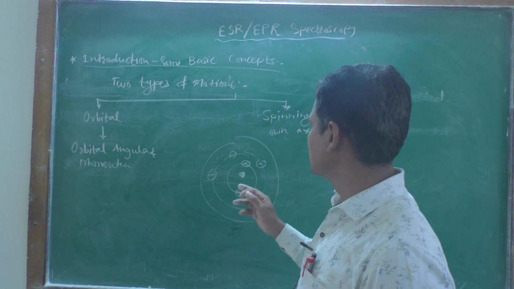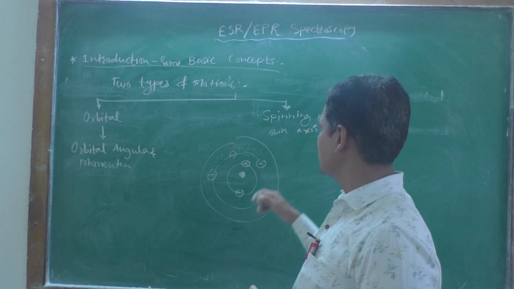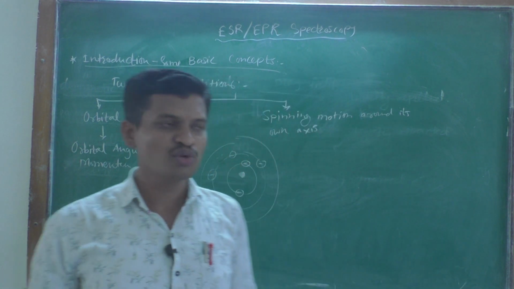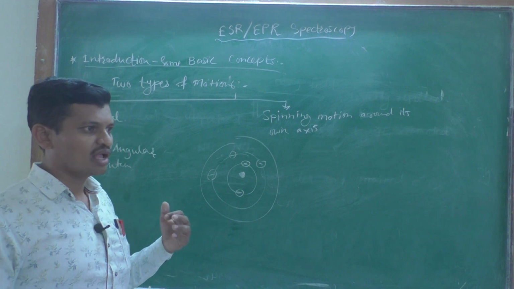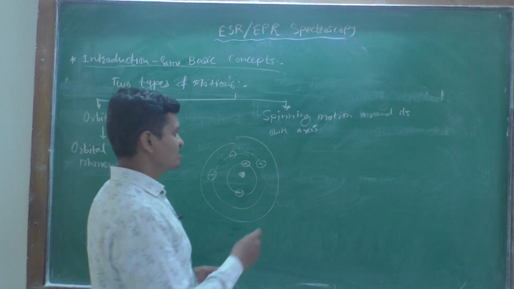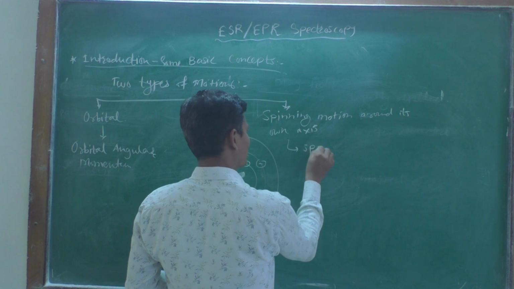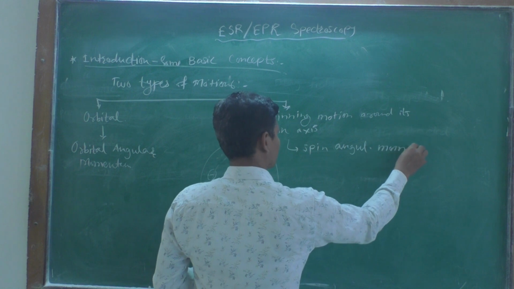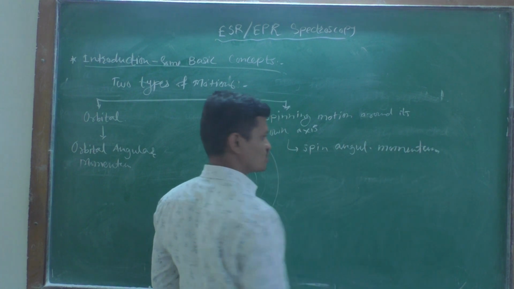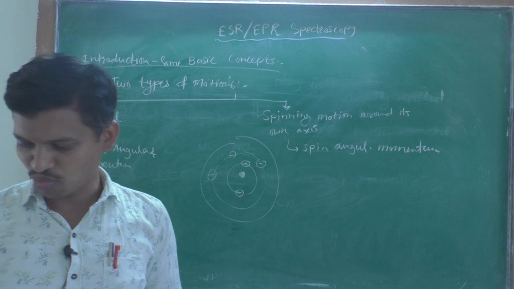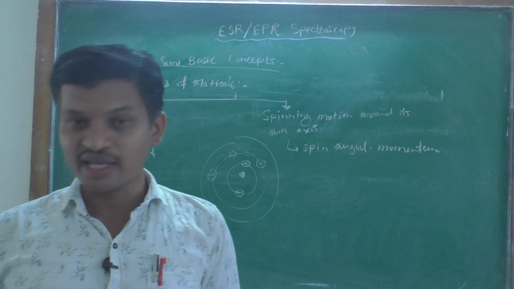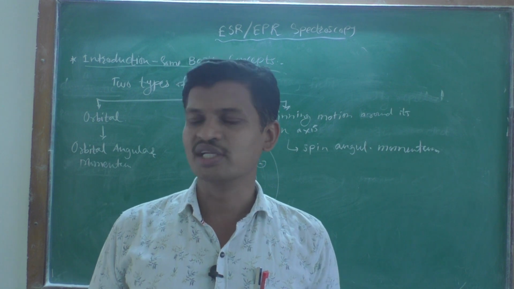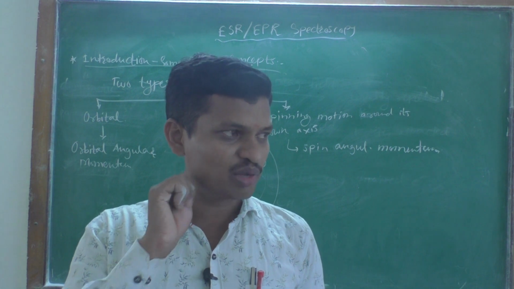But when we consider the spinning motion singly, it gives rise to an angular momentum called spin angular momentum. It is nothing but the intrinsic property of that electron, and hence it is called intrinsic spin angular momentum.